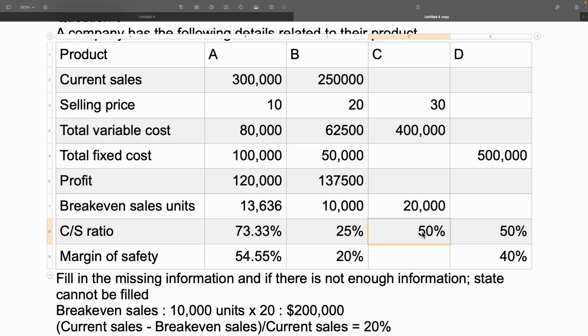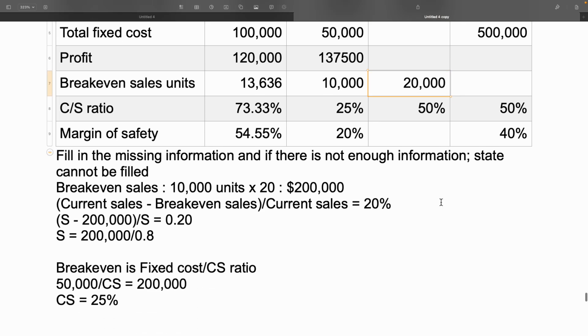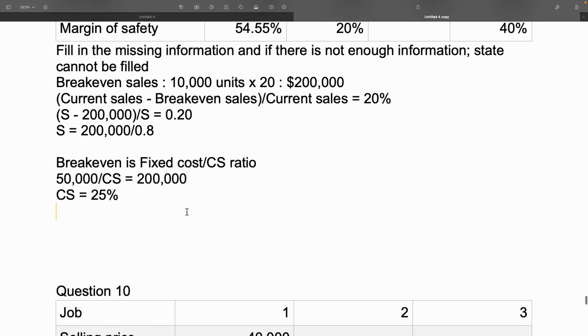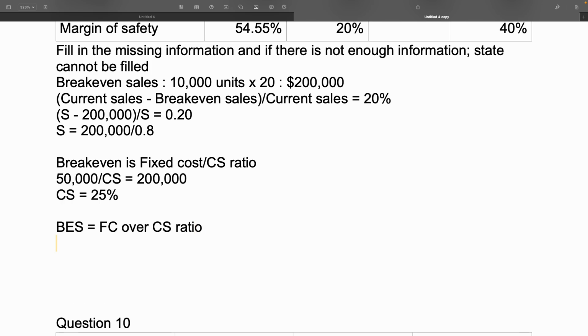Here you're already given CS ratio. If they gave you CS ratio and then they gave you break-even sales unit, you already know the formula for break-even sales. Break-even sales is fixed cost over CS ratio, remember?